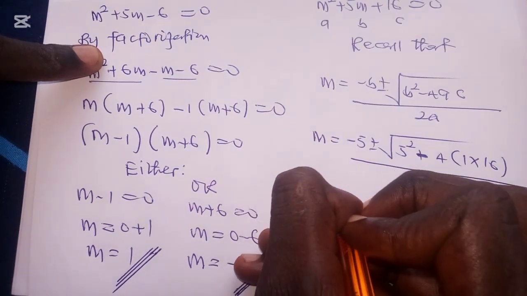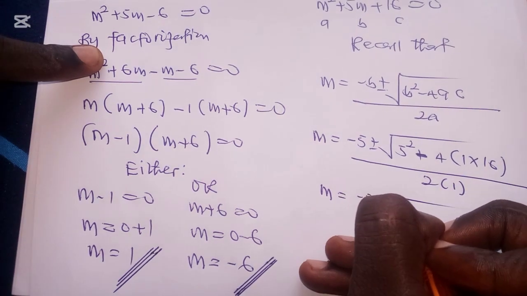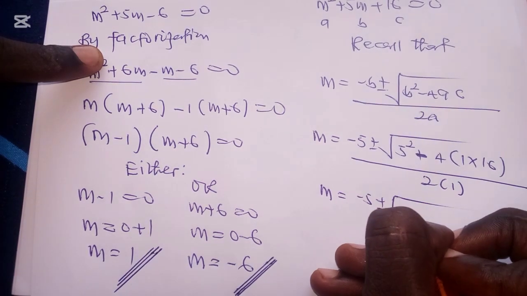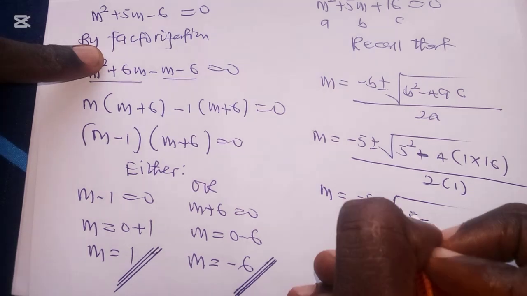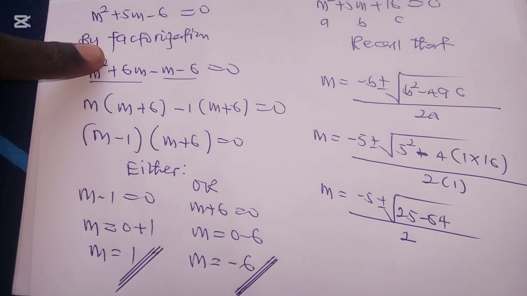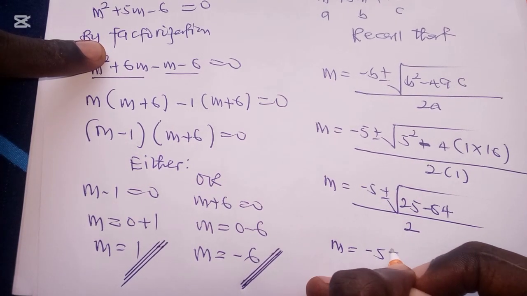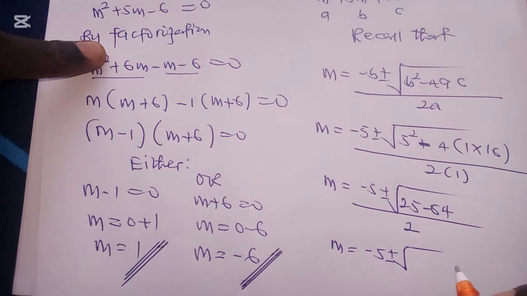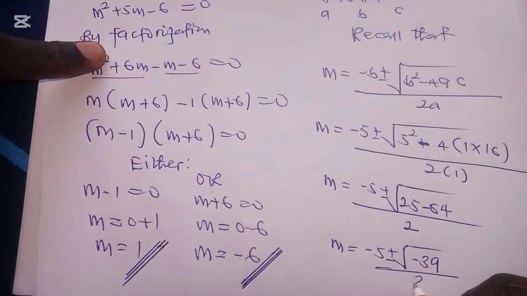We say m becomes minus 5 plus or minus the square root of 5 squared, which is 25, minus 4 times 16, giving you 64, all divided by 2. Now we have m equals minus 5 plus or minus the square root of 25 minus 64, giving you minus 39, divided by 2.